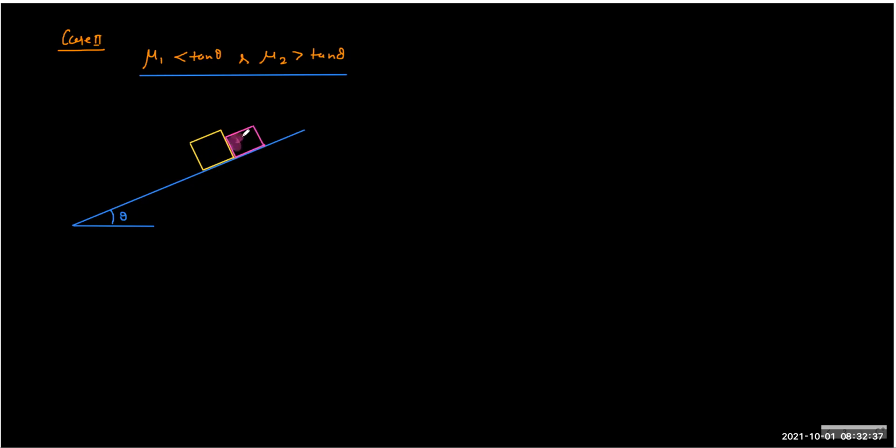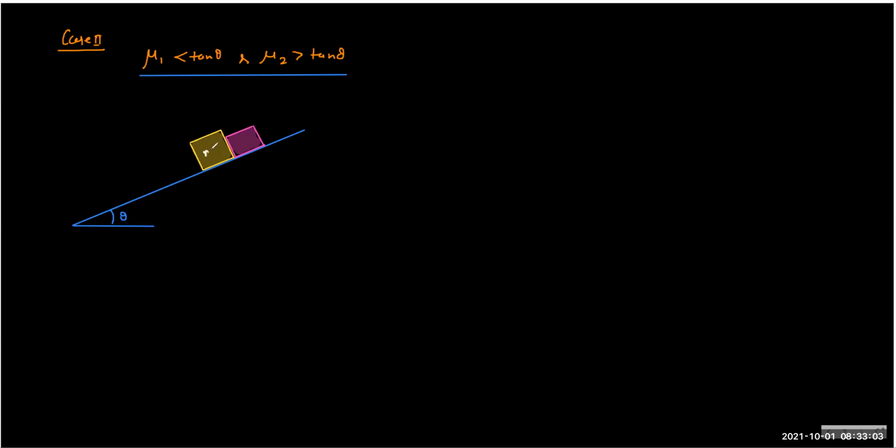So the contact must develop. There is no question about it. Now, if M2 is not trying to go down and M1 is, what do we need to check to see whether they will go down or not? How can we ascertain that the system will go down or remain at rest?